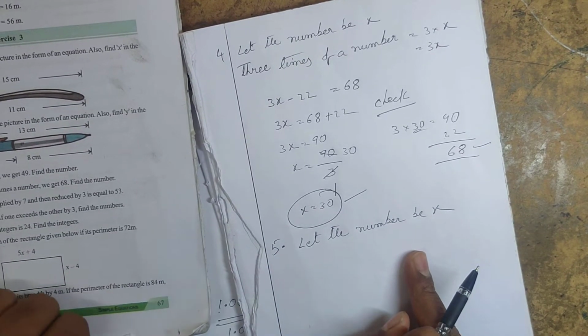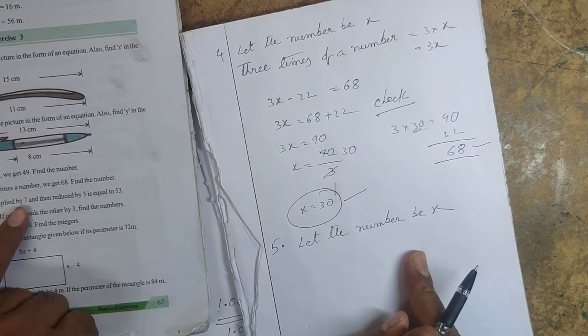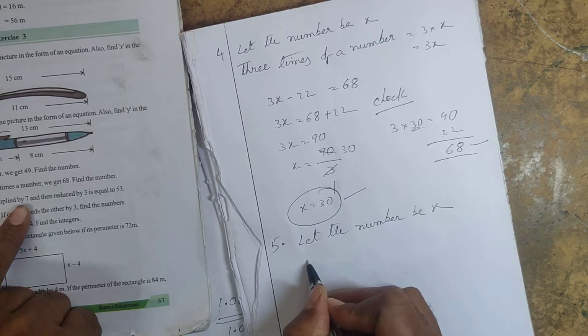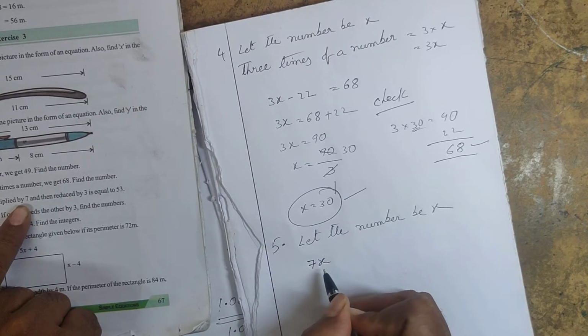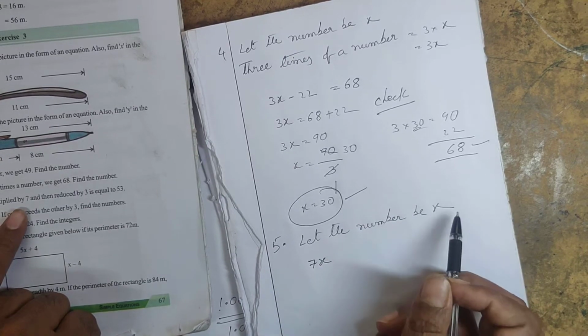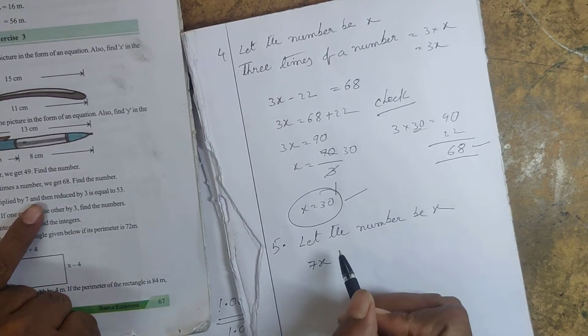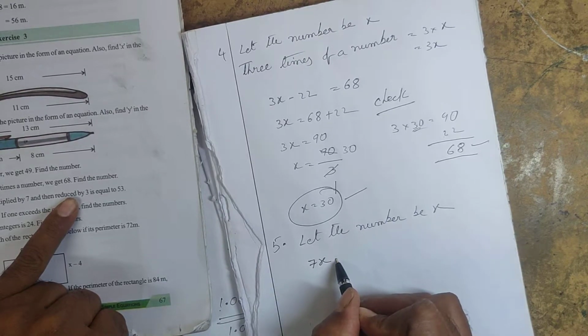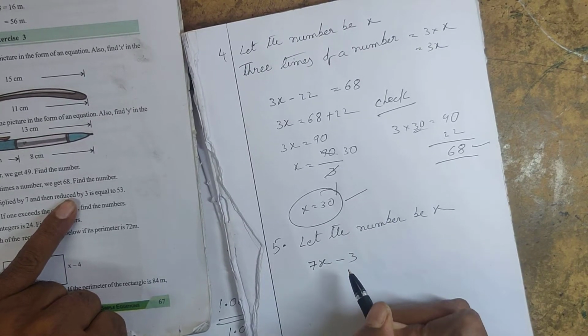Okay. Then when multiplied by 7, this number after multiplying with 7 you will get 7x. The number is multiplied by 7 means 7 into x, 7x. And then reduced by 3 means you have to subtract 3 from this.